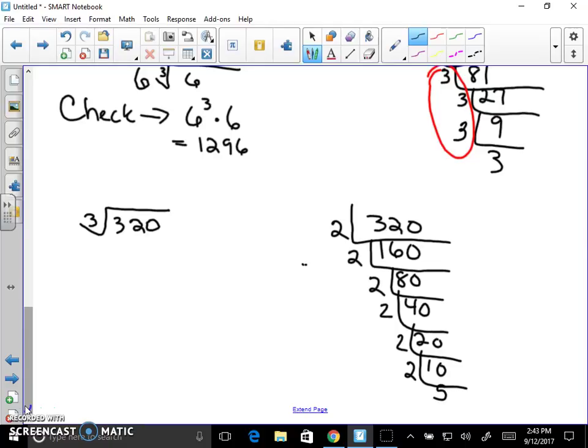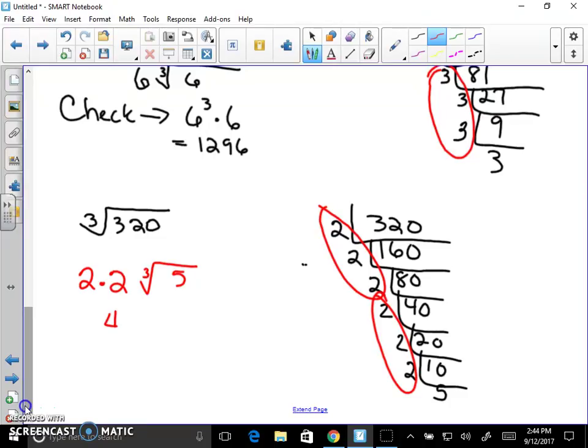Again, we're doing cube roots, so we need 3 of the same factors to pull out 1. So there's three 2's, so pull out a 2, another 2, and 5 is left underneath. So we have 2 times 2 is 4, cube root of 5.